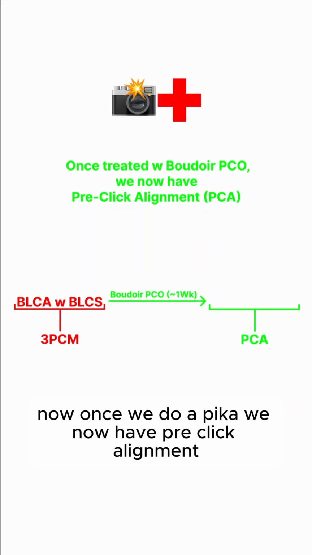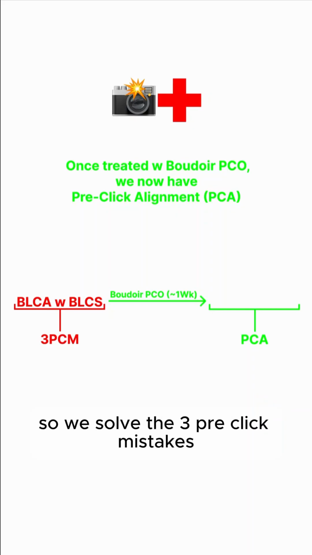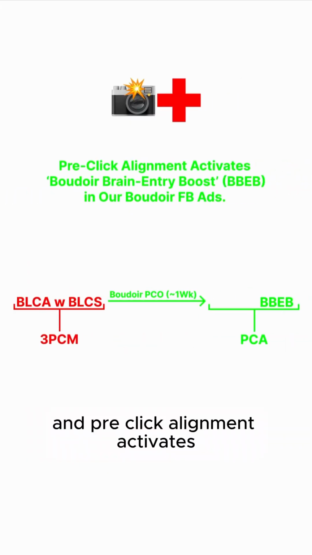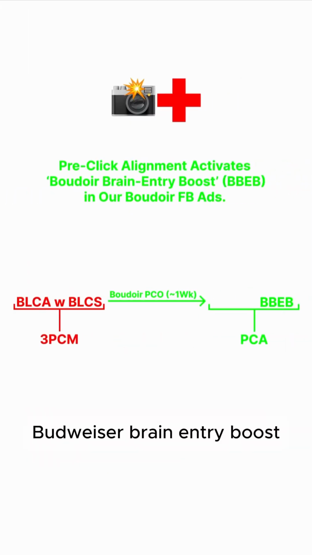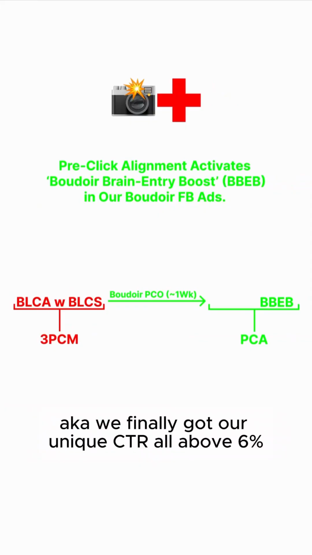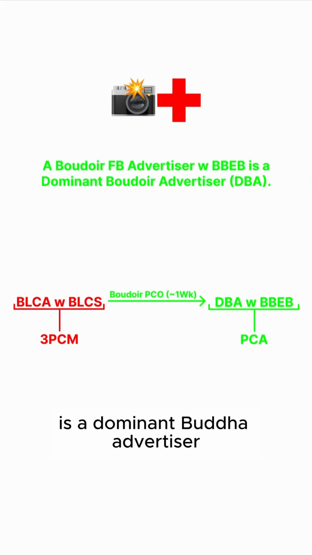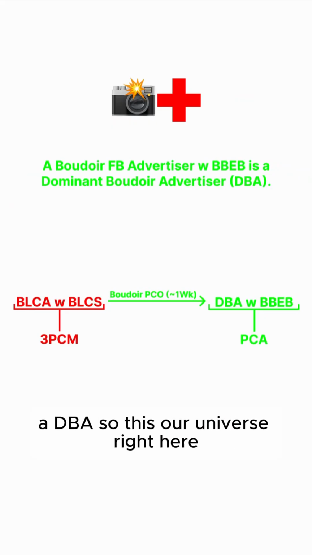Now, once treated with Boudoir Pico, we have pre-click alignment. So we solve the 3 pre-click mistakes and achieve pre-click alignment. Pre-click alignment activates Boudoir brain entry boost in our Boudoir Facebook ads, aka we finally get our unique CTR above 6%. And a Boudoir Facebook advertiser with Boudoir brain entry boost is a dominant Boudoir advertiser, a DBA.